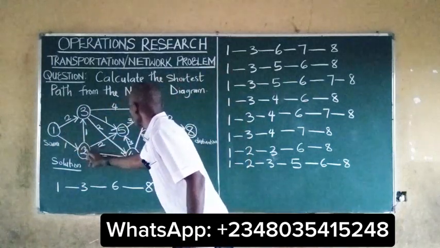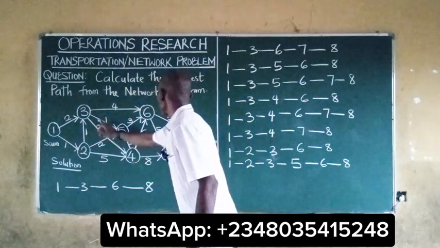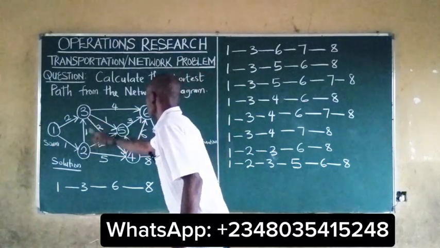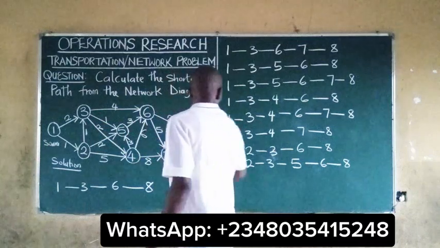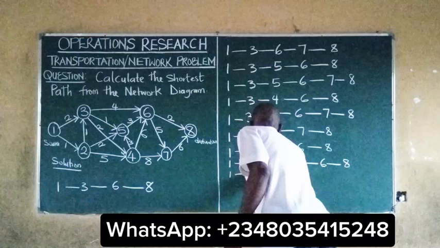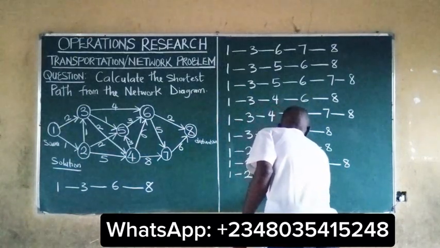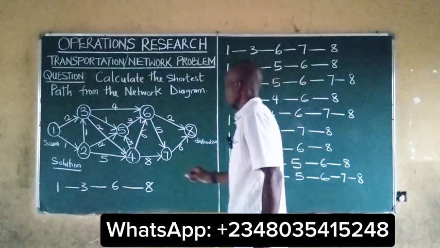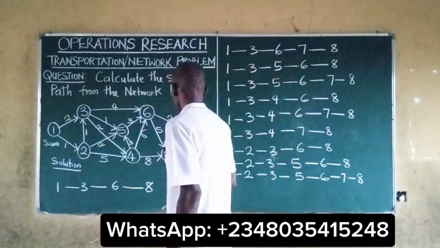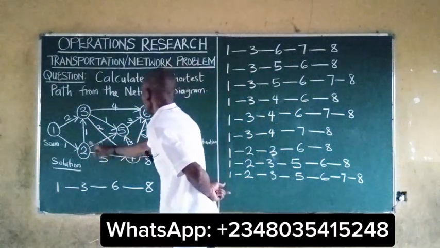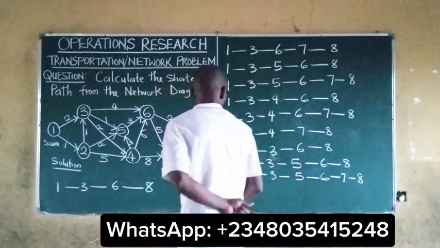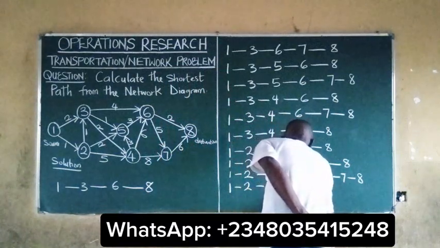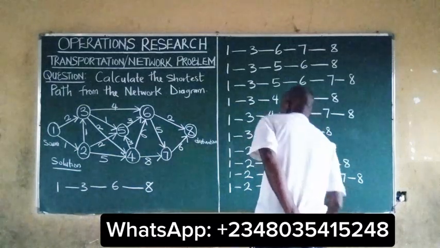We also have 1 2 3 5 6 7 8, and 1 2 3 4 6 8.